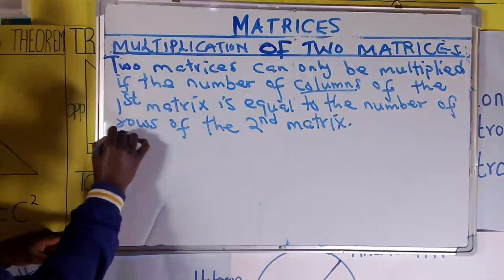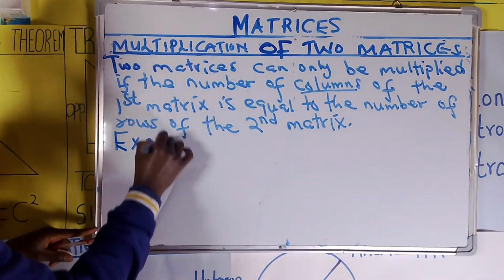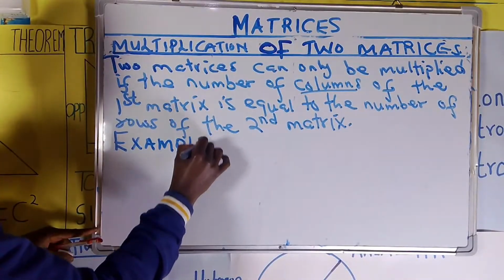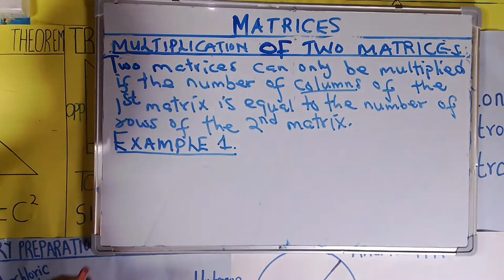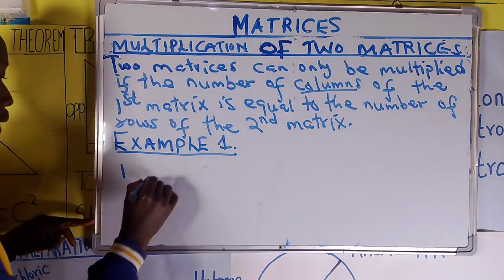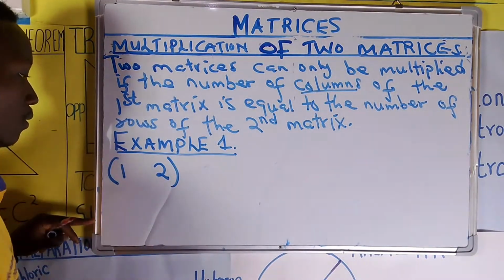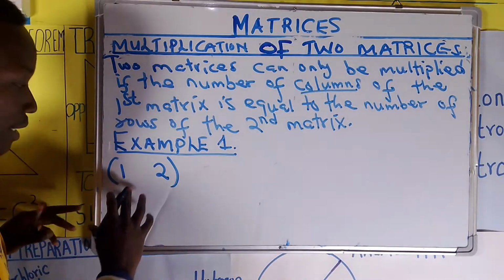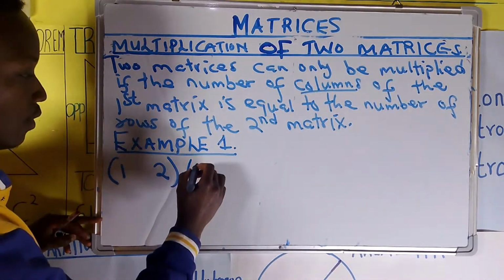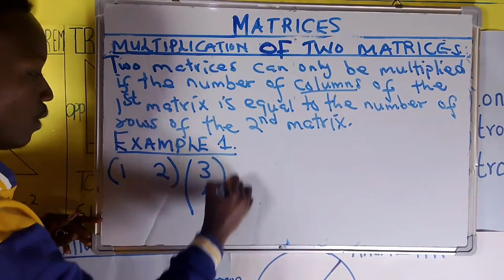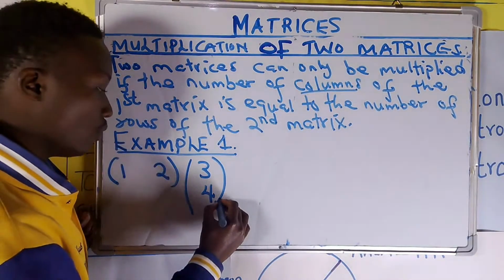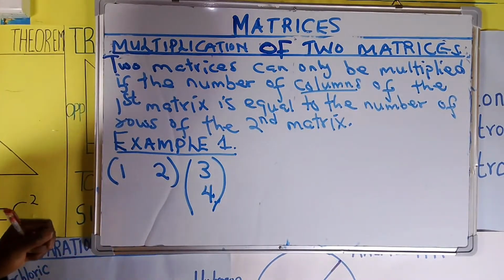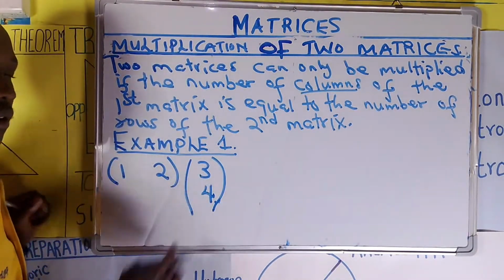For example, we have a matrix 1, 2, and we want to multiply 1, 2 with 3, 4.